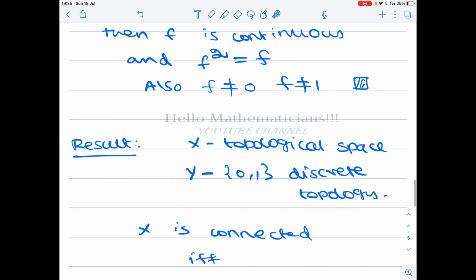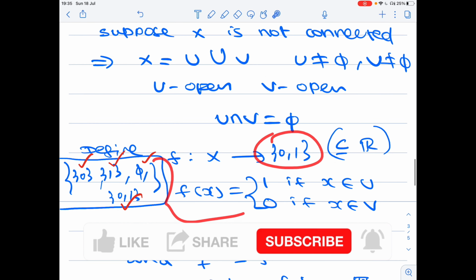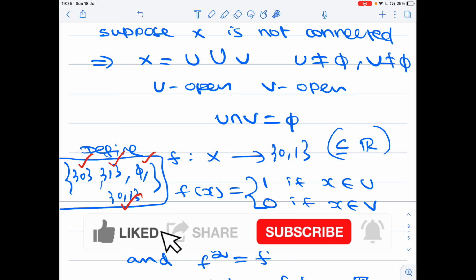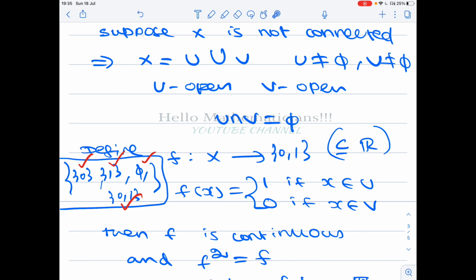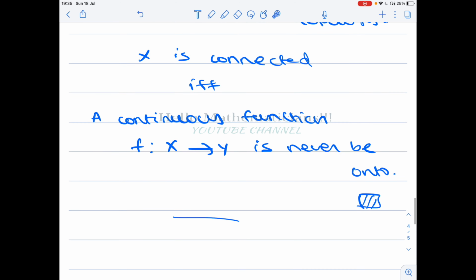Okay, now one thing: if you take {0, 1} with some metric, why are all the subsets open? We didn't prove that, so maybe we'll prove it.